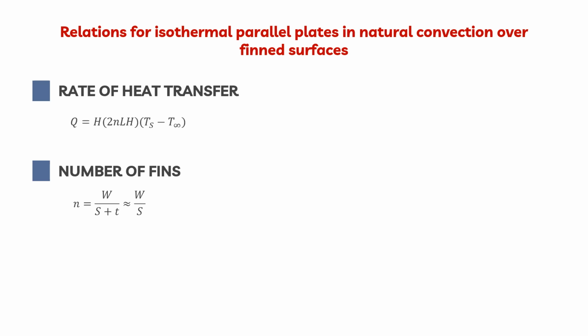N is the number of fins on the heat sink, and T_s is the surface temperature of the fins. Take note that all fluid properties are to be evaluated at the average temperature, that is T_s plus T_infinity all over 2.